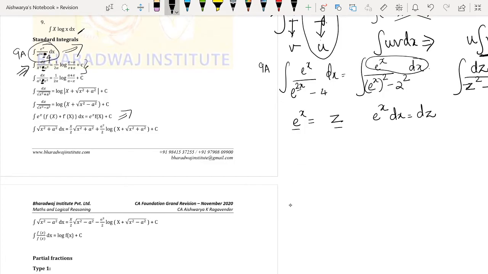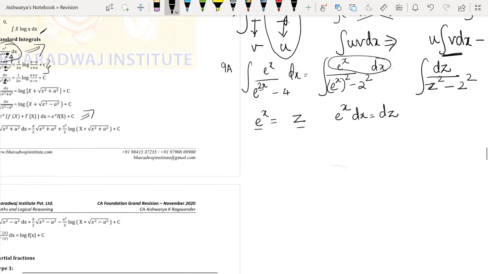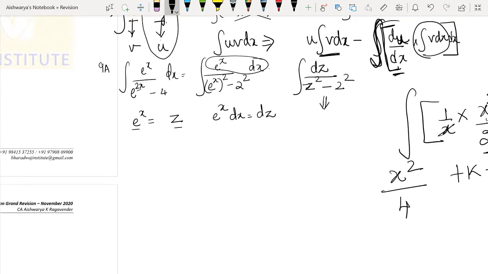So this is the formula that we will be applying: 1 by 2a log of x minus a divided by x plus a, plus c. We will be applying this formula for this particular question now.